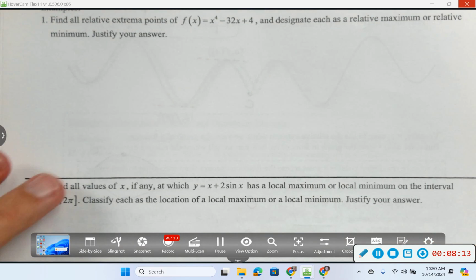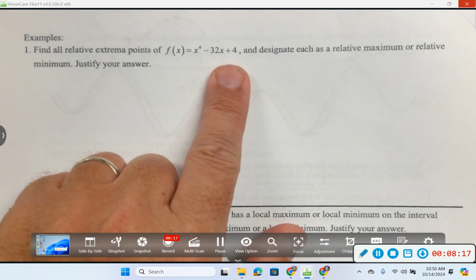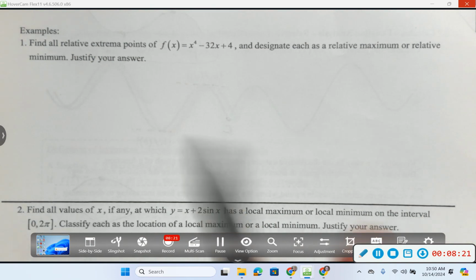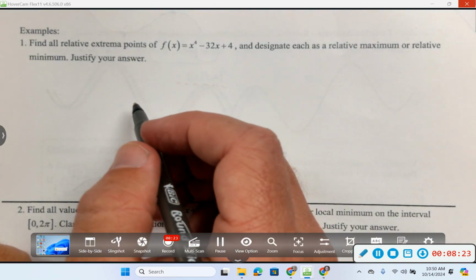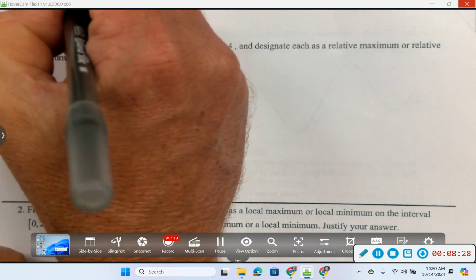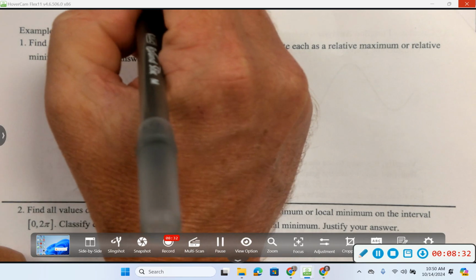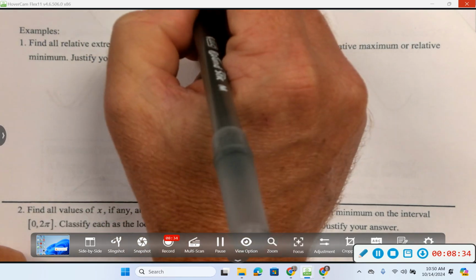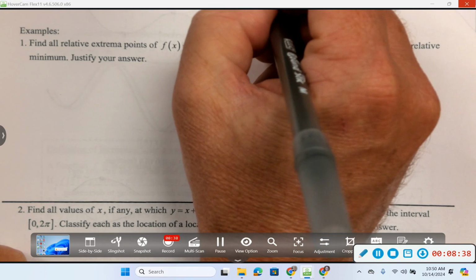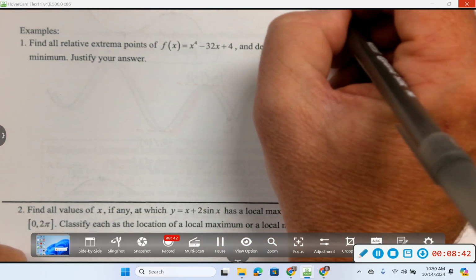Okay, example 1. Find all relative extrema of that function and designate each as a max or a min. Maybe I should have put that little diagram on this page. Critical points lead to a number line, lead to increasing and decreasing intervals, lead to relative extrema.